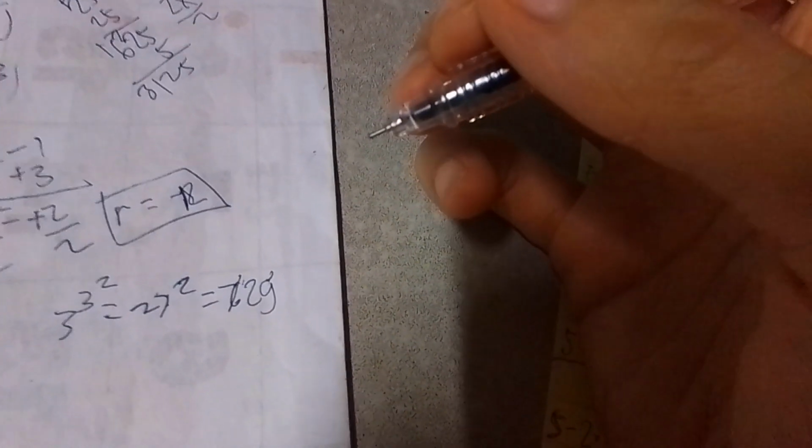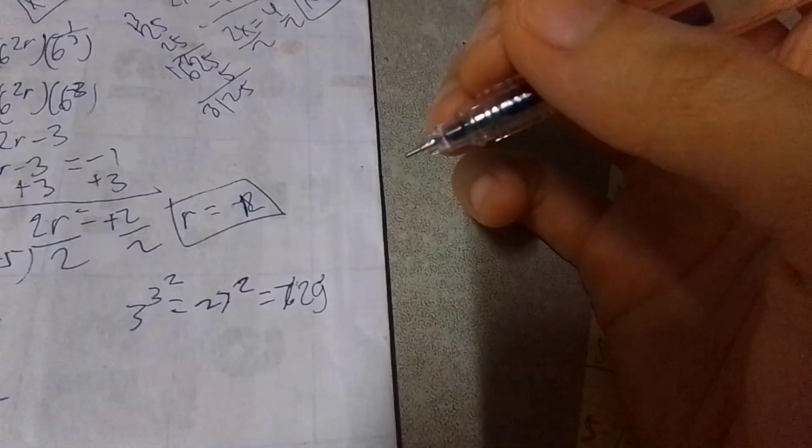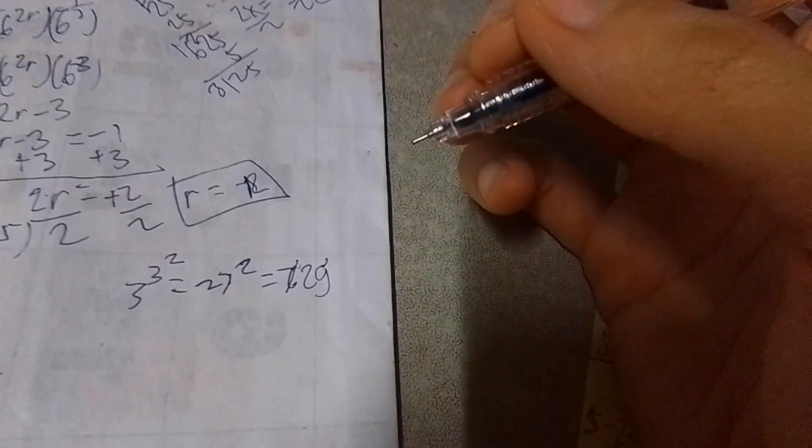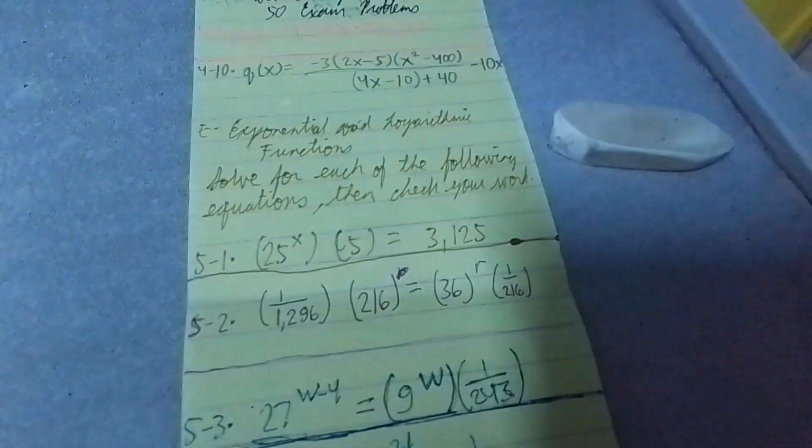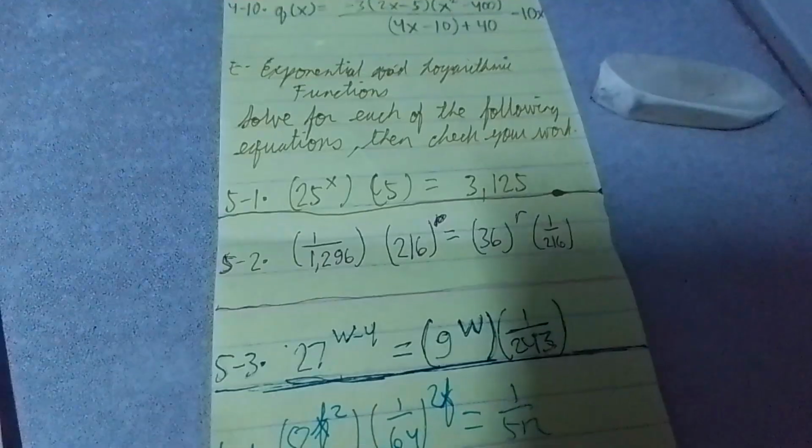So tama, that's 3 raised to the 6th power. Because 3 squared is 9. And what's 9 cubed? 729. So tama, it's 3 raised to the 6th power! Or 27 raised to the cube. So that's it. So therefore, we're supposed to get 729 on the left side.